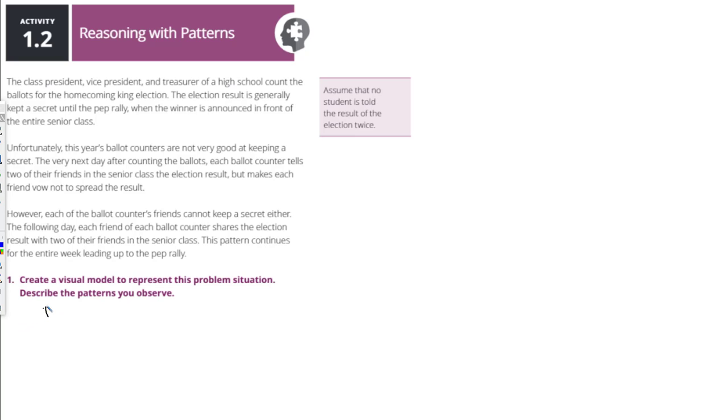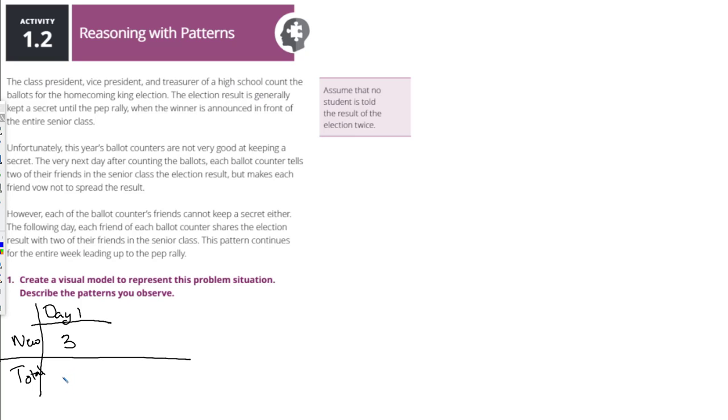So on day 1, we track the number of new seniors that know, and then the total. The new seniors that know are 3, because we started off the day 1, 3 people discover it.